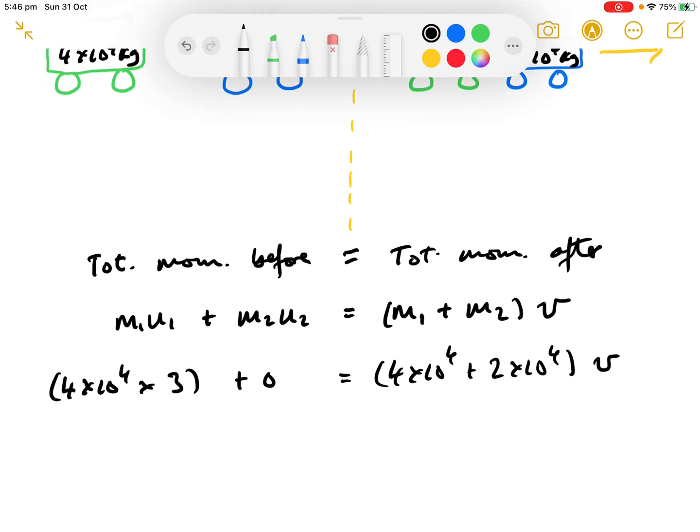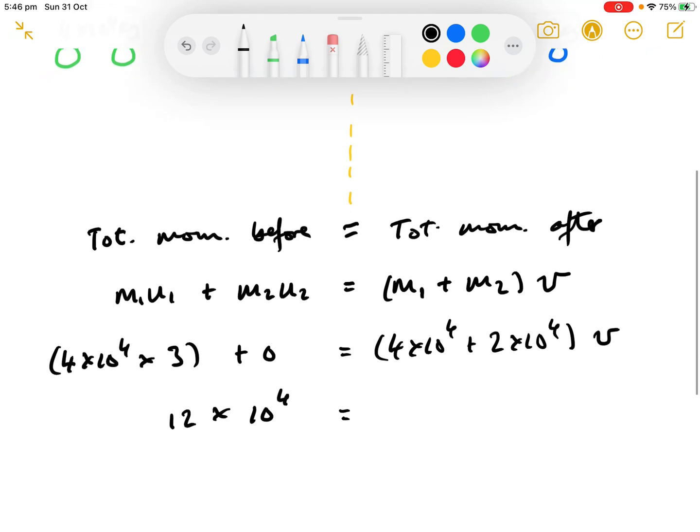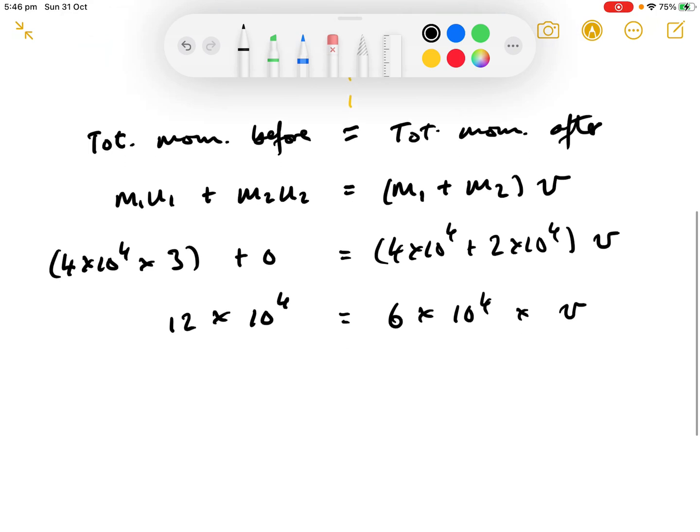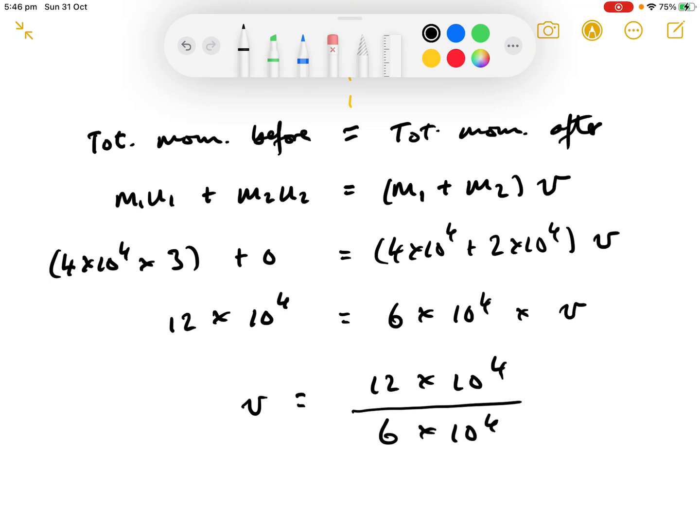So our left-hand side then becomes 12 times 10 to the 4 equals 6 times 10 to the 4 times v. So the common velocity is 12 times 10 to the 4 divided by 6 times 10 to the 4.